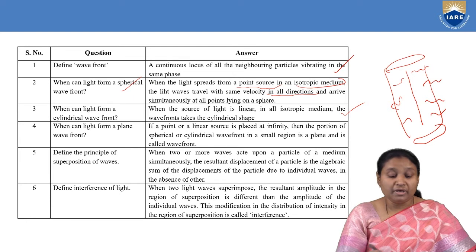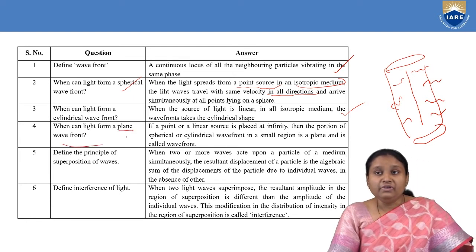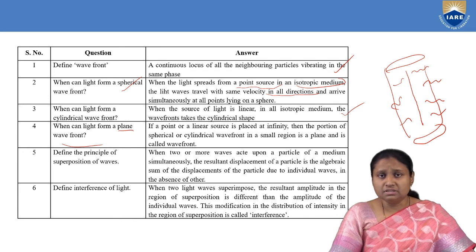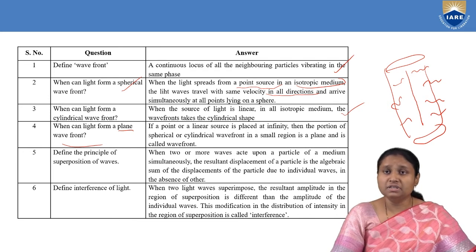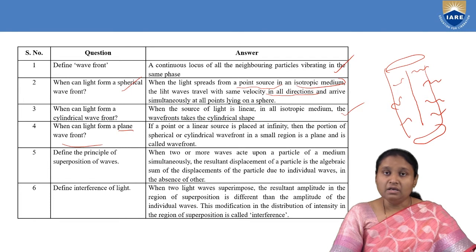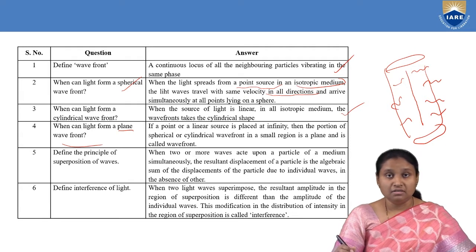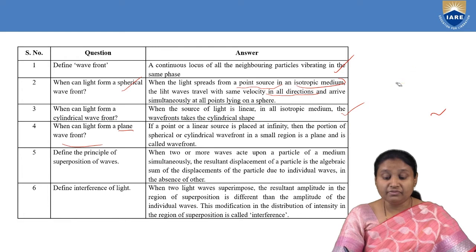Then what do we mean by plane wavefront? If we keep our point source or extended source, which is also called a linear source, at infinite distance, then a portion of the spherical or cylindrical wavefront limited to a small region is nothing but a plane, and that wavefront is called a plane wavefront.